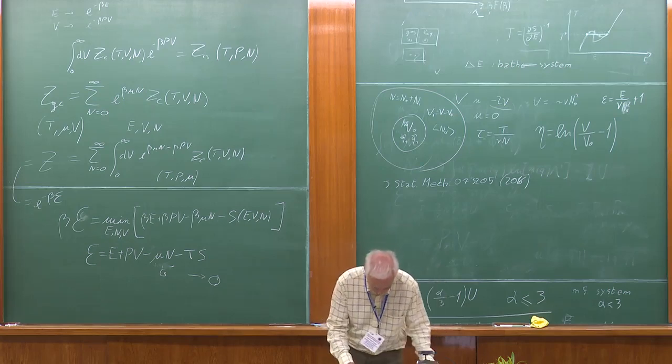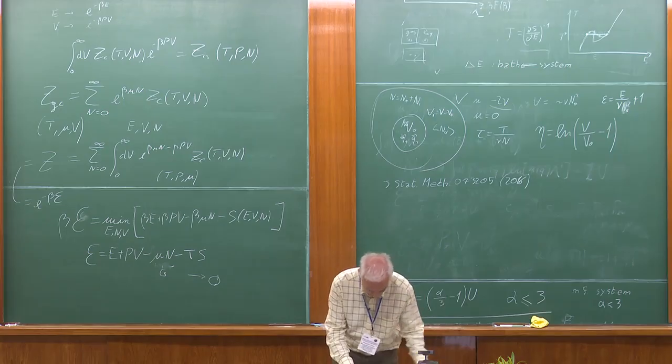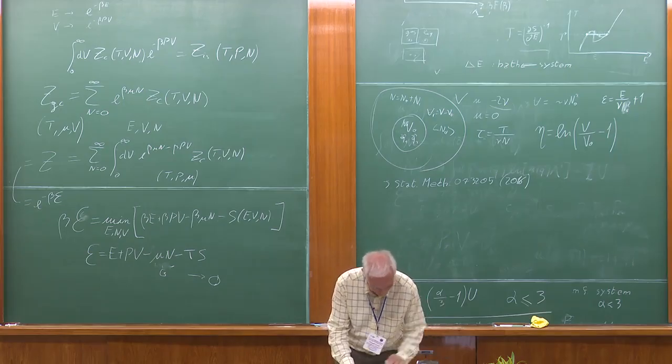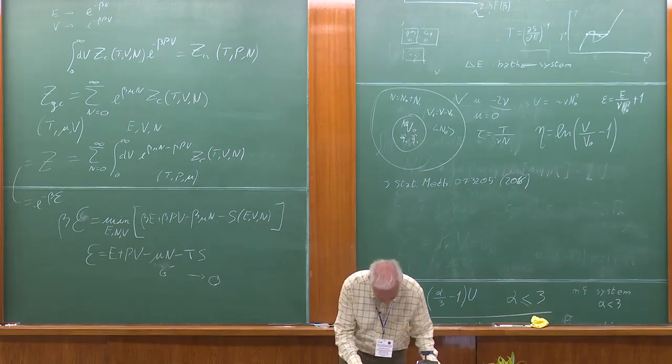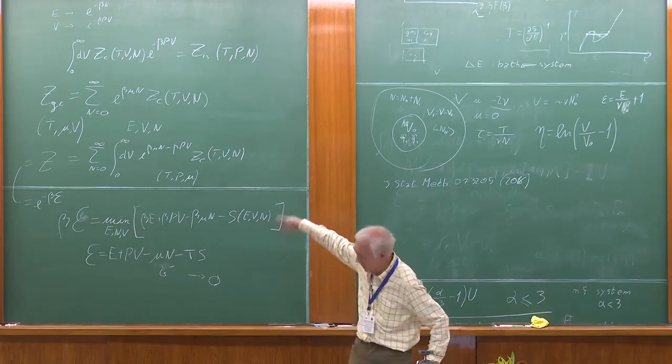For that, maybe I can give you a reference. Since the journal is Entropy, that is the reference that I want to give you to have more details on those kinds of calculations.